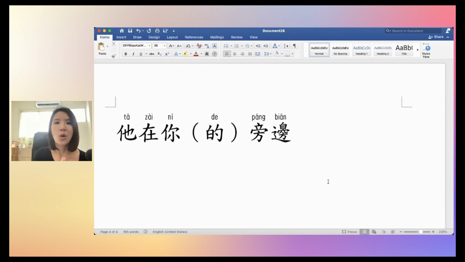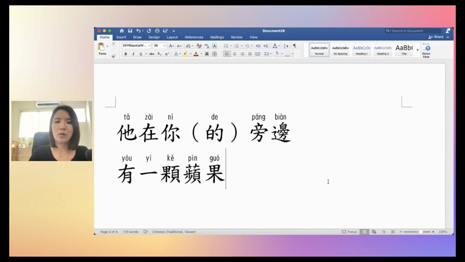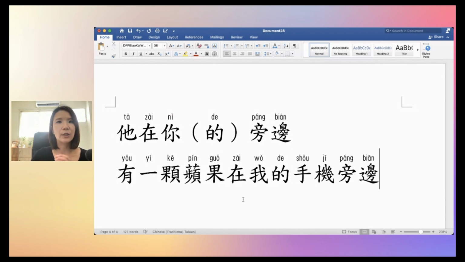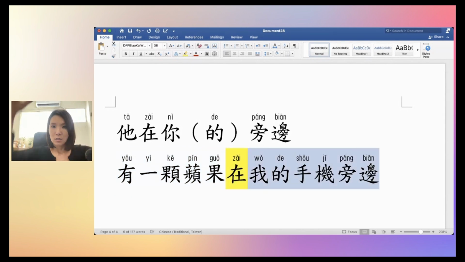In Mandarin, we would say 有一颗苹果, there's an apple, 在我的手机旁边。Let's take a look at the sentence. 有一颗苹果, there is an apple, 在 plus the specific location, 在我的手机旁边。So next to my phone in Mandarin is 'my phone next', 我的手机旁边。So it's opposite from English.